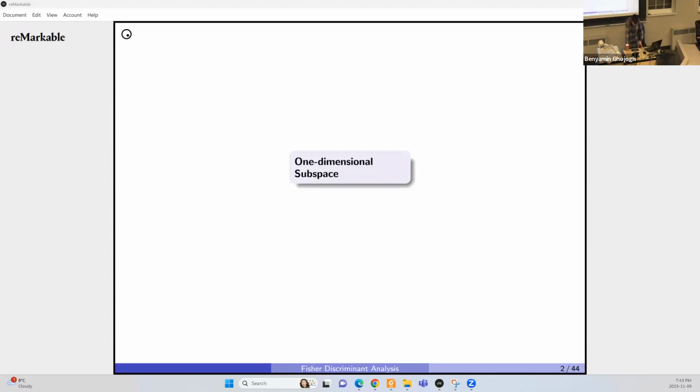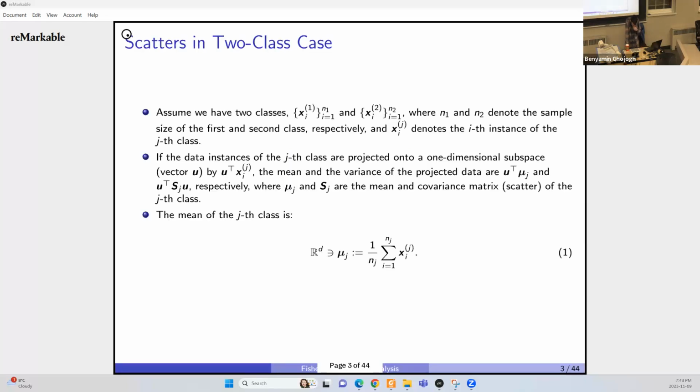So first, let's talk about a one-dimensional subspace. Assume we have two classes, where the superscript here shows the class index. N1 and N2 denote the sample size of the first and second classes respectively. If the data instances of the jth class are projected onto a one-dimensional subspace, then we will have u transpose x_ij.